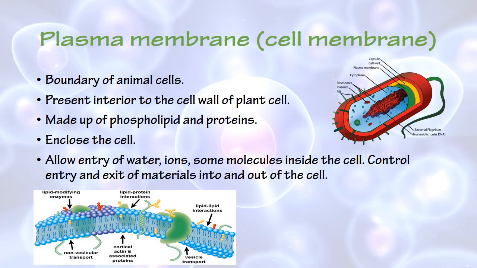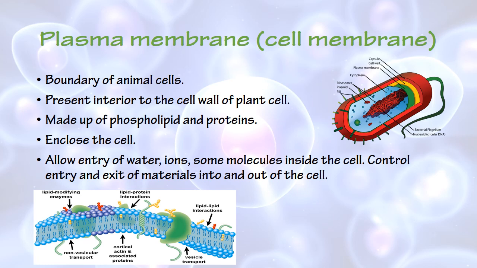What is the plasma membrane? That means the cell membrane. The cell membrane is the boundary of the cell which encloses the matrix of the cell. Matrix means the cytosol of the cell, present interior to the cell wall.